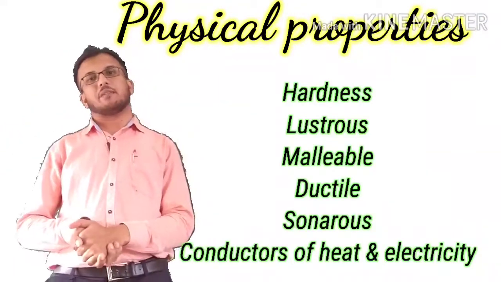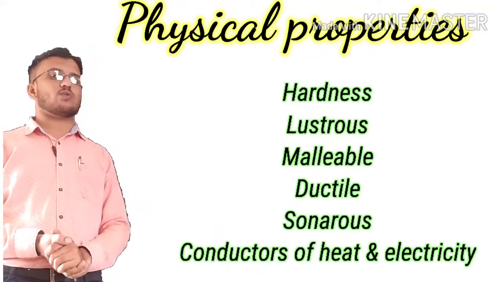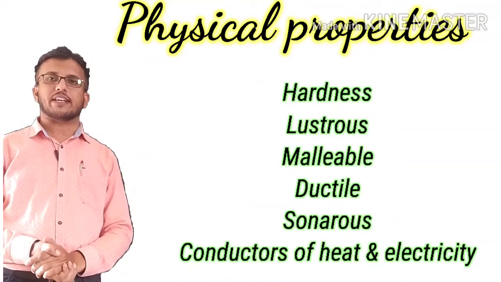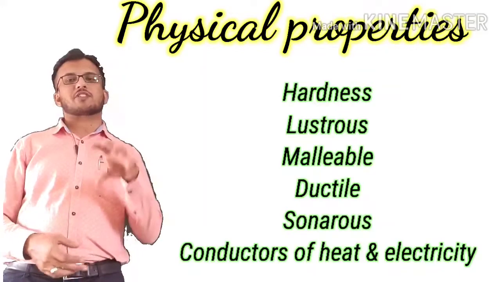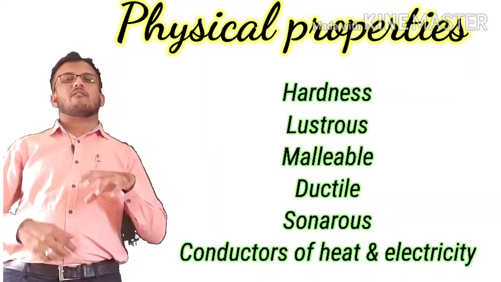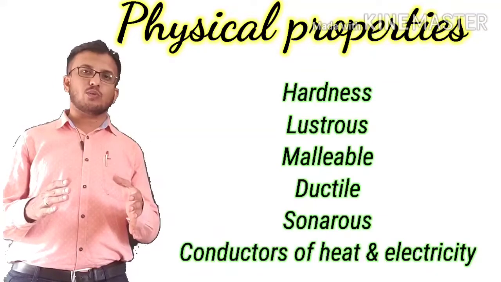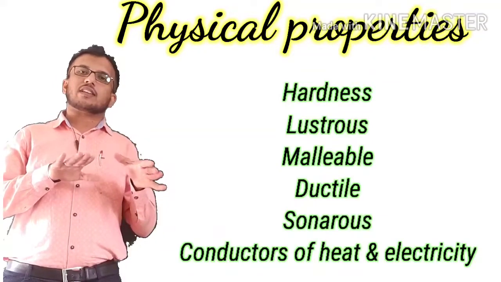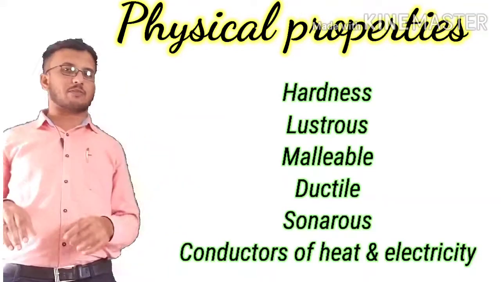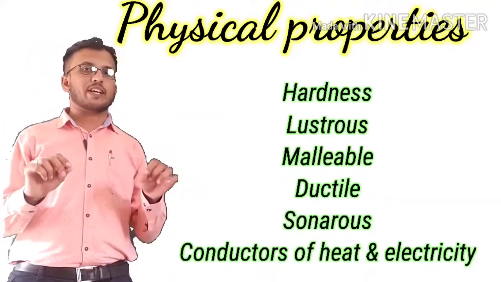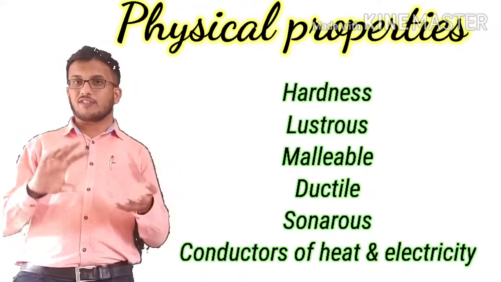Malleability is also one of the most important physical properties. How can we understand what malleability is? Dear students, especially with metals, when we continuously beat them, we are able to make thin foils of these metals. As I explained yesterday, we can make foils like aluminium food packing foil.